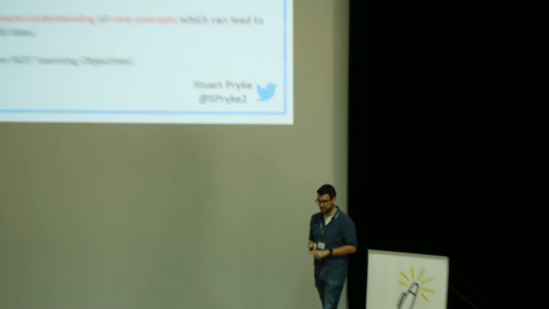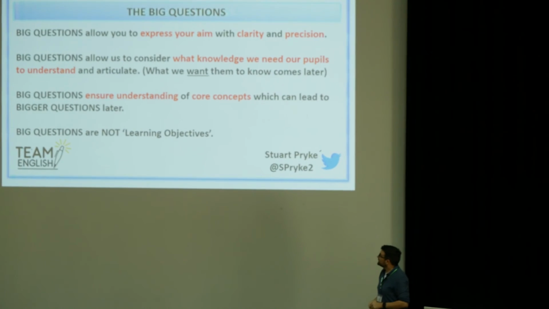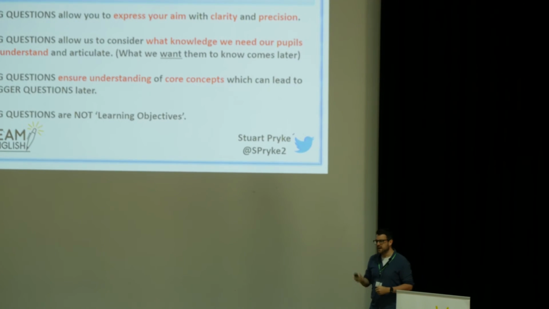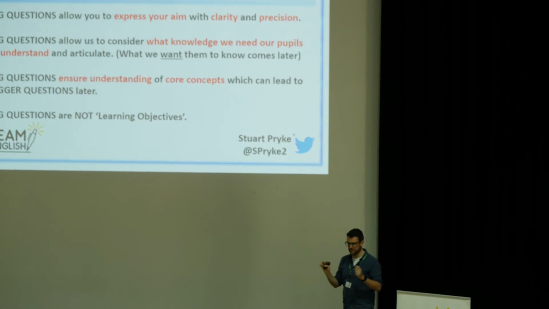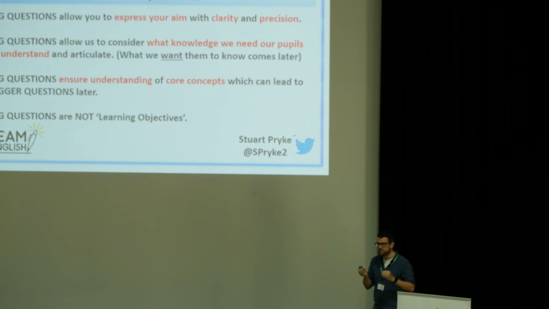They allow you to express your aim with clarity and precision, so students know exactly what is expected of them in the lesson. It allows us to consider what knowledge we need our pupils to understand, and then actually what we want them to know, the things that would really make that student stand out. That can come later. But first of all, it's all about what we need those students to know.